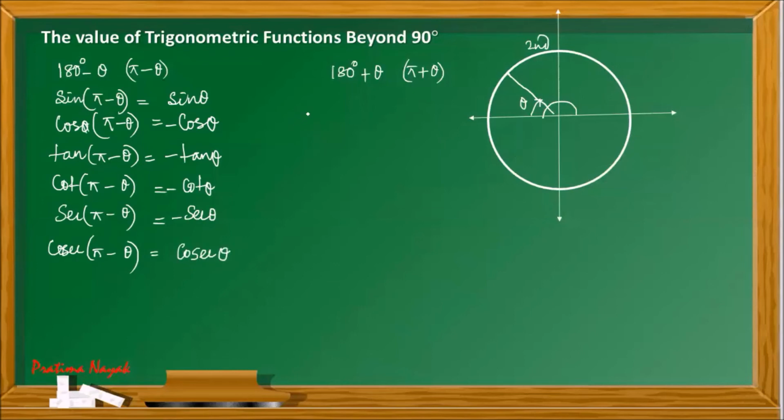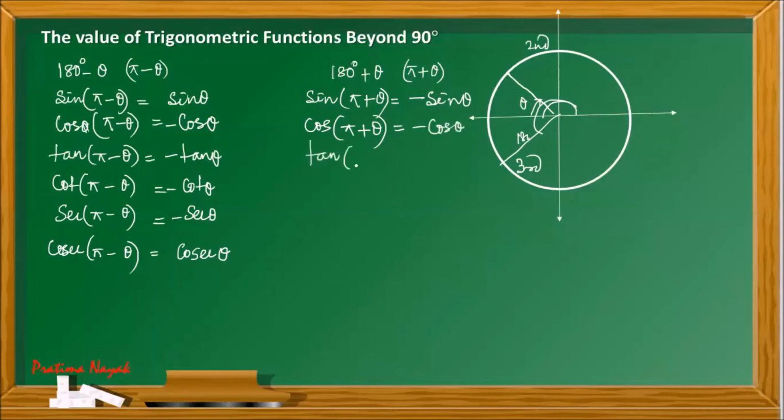Next, coming to 180 plus theta. 180 plus theta means I'm in third quadrant. So the functions will be same, but according to the quadrant, it will be negative or positive. Sine in third quadrant negative, so minus sine theta. Similarly, cos in third quadrant is negative, so minus cos theta.